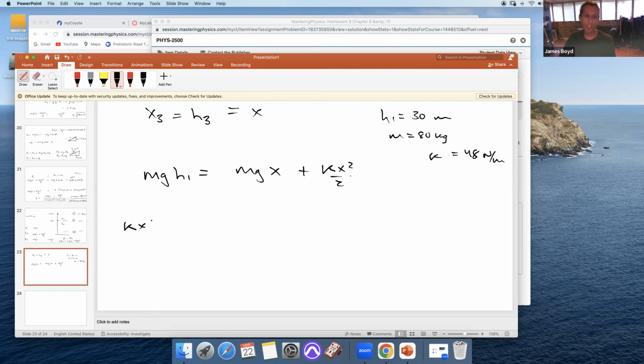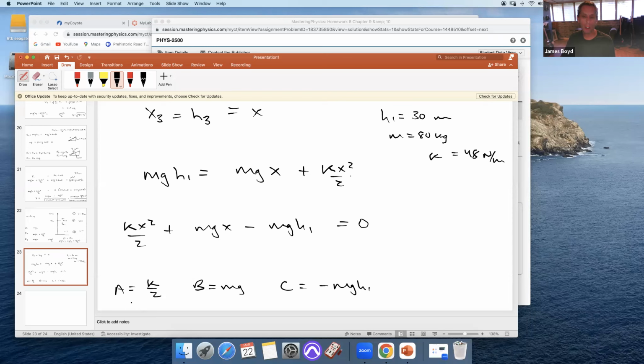So if I rewrite this as kx squared over 2 plus mgx minus mgh1, set that equal to 0. My a is k over 2. My b is mg, and I'll put numbers with these. And my c is negative mgh1. So k over 2 is 48 divided by 2, or 24.